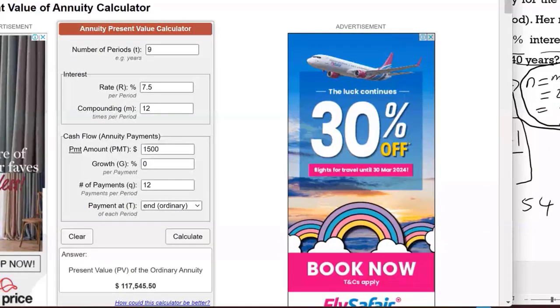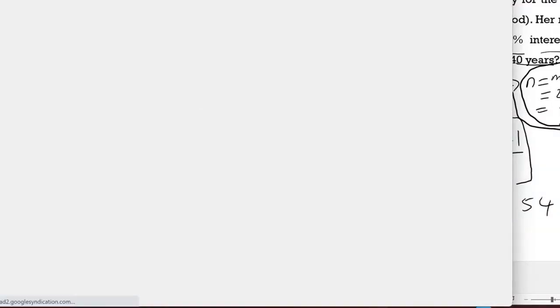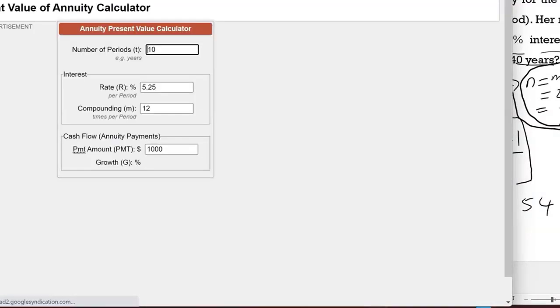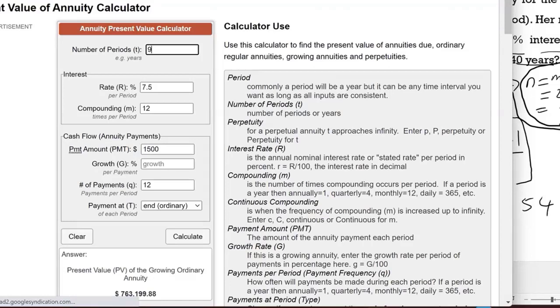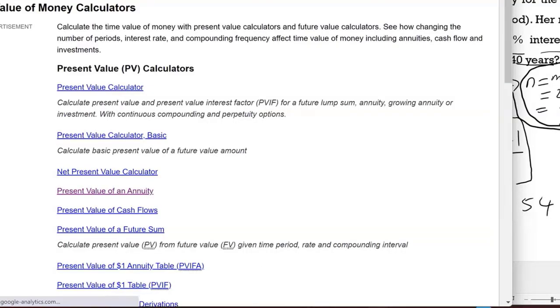So I'm going to go back. I don't want the present value. I want a future value. Future value annuity. I'm going to get this one.